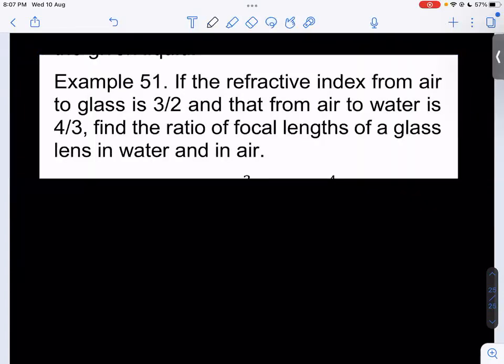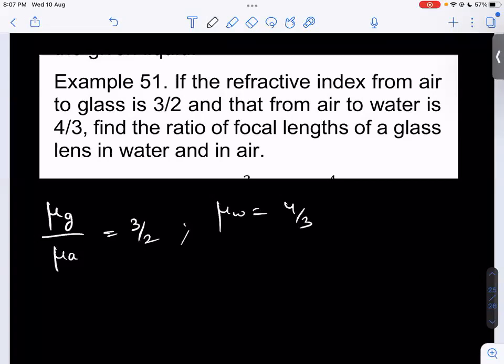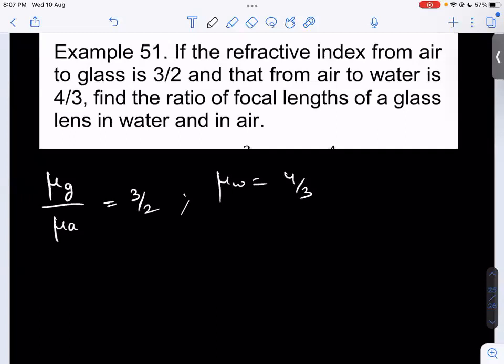The refractive index of glass with respect to air is 3/2. Similarly, air to water means absolute refractive index of water is 4/3. Find the ratio of the focal length of the glass lens in water and air.